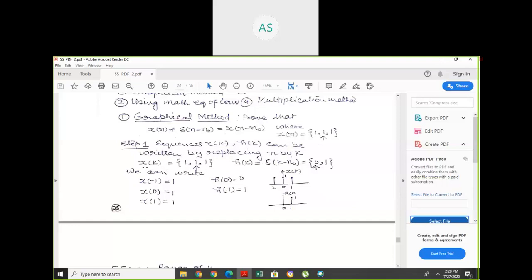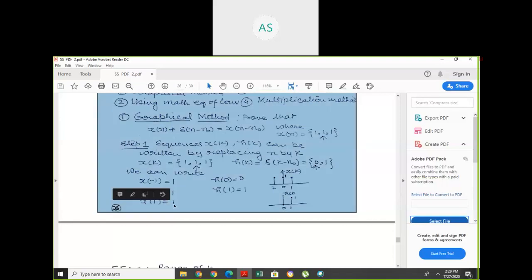For this x of k, we can write x of minus 1 is 1, x of 0 is 1, x of 1 is 1. And for h, at n equal to 0 the value is 0, and at n equal to 1 the value is 1.